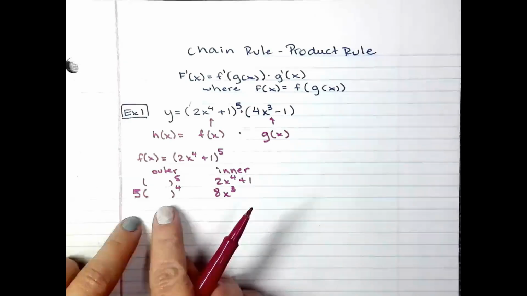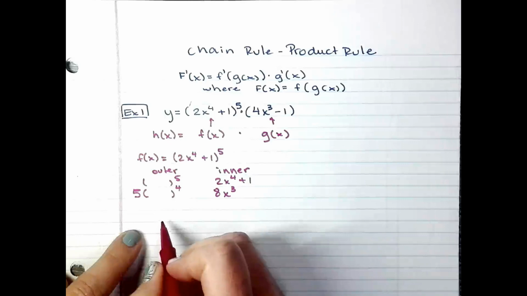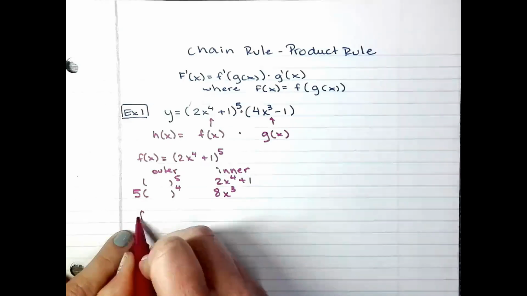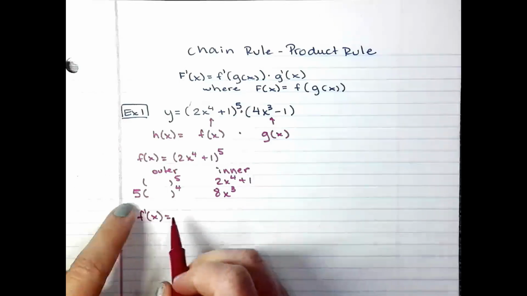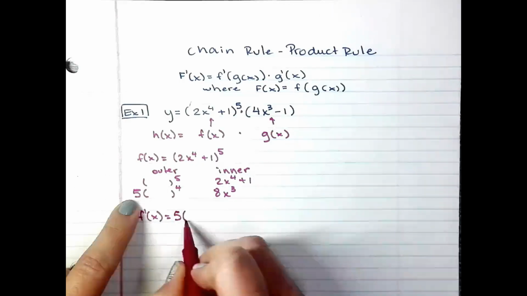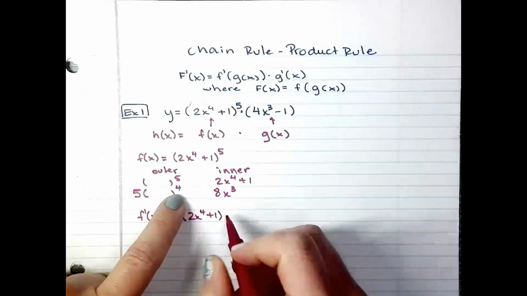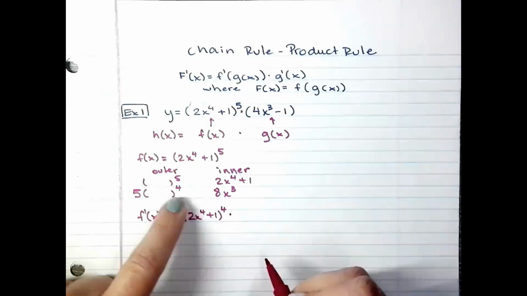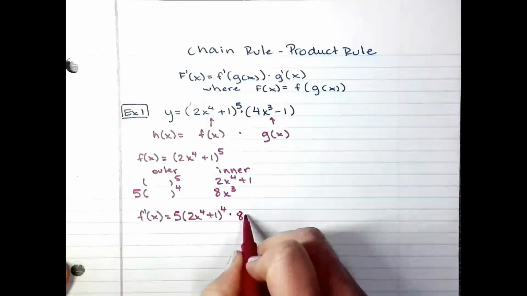Now we're going to find the derivative of f of x function. And this is all side work, okay? So to find the derivative of f of x, I will do the outer function, and then multiply by the derivative of the inner function.